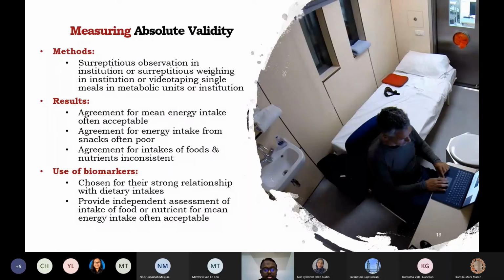Biomarkers also provide an independent assessment of intake of foods or nutrients, for mean energy intake, which is often in an acceptable range. So we have biomarkers for calorie intake, certain protein intake. We don't have one for carbohydrate, we have for fat, and certain macro and micronutrients. Okay.